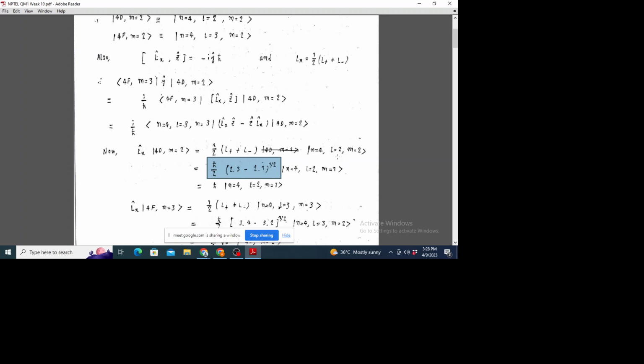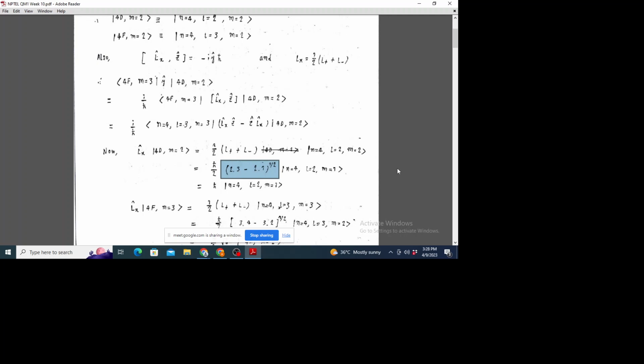So L minus acting on L equal to 2, m equal to 2 will be L equal to 2, m equal to 1. So m decreases by 1 unit, and L is unchanged, but there is a non-trivial front factor, and that is h cut times L into L plus 1 minus m into m minus 1, to the power half. I hope you remember this front factor.